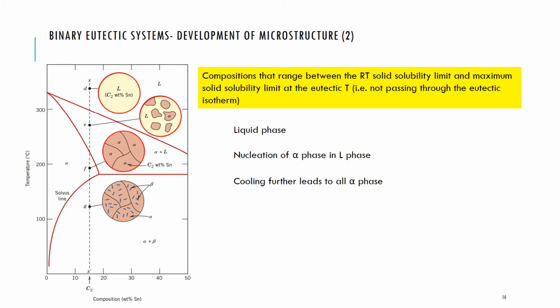Cooling that further leads to all alpha phase particles. And cooling further still, you actually enter a two-phase region. You exceed the alpha solubility limit and beta particles start to form. So you get a sort of sea of alpha phase with small beta particles forming.